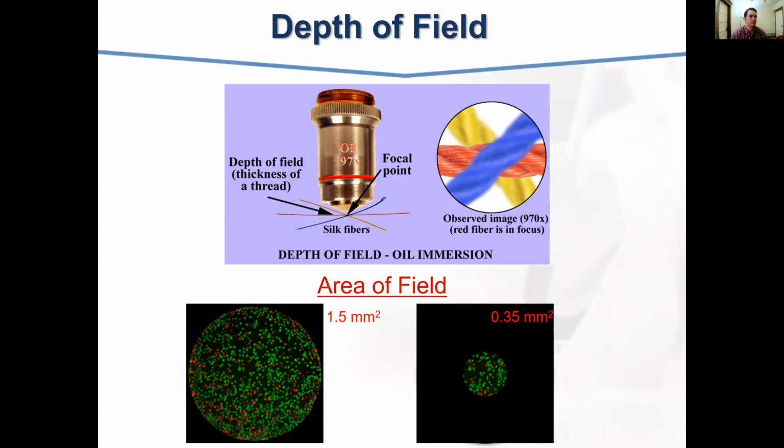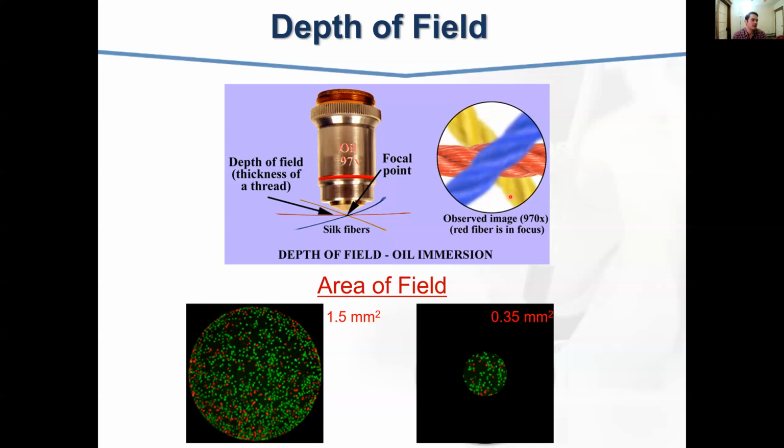So moving on to our next definition, depth of field. You'll often find this when you work with microscopes. What is depth of field? Depth of field is simply the measurement of the distance between the nearest and furthest objects that appear in acceptably sharp focus. If you look at this image, you can see that the red fiber is in very, very good focus, yet the blue and the yellow are not.